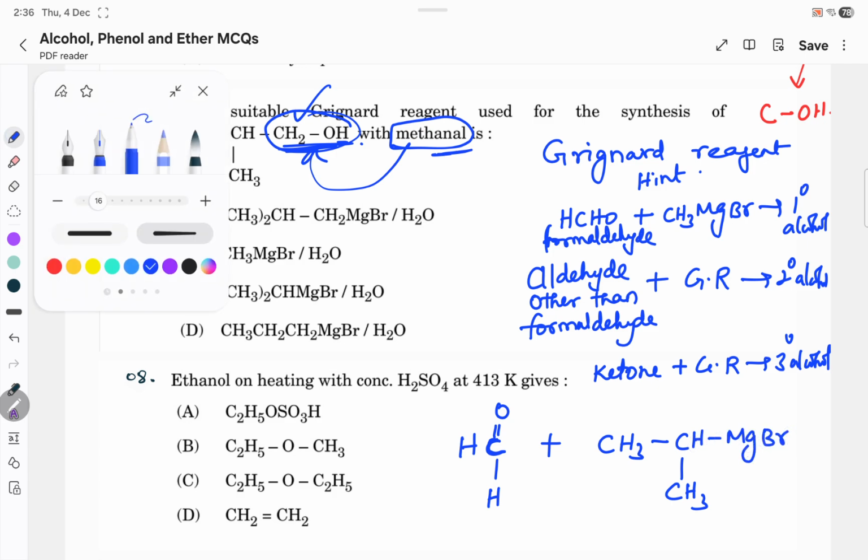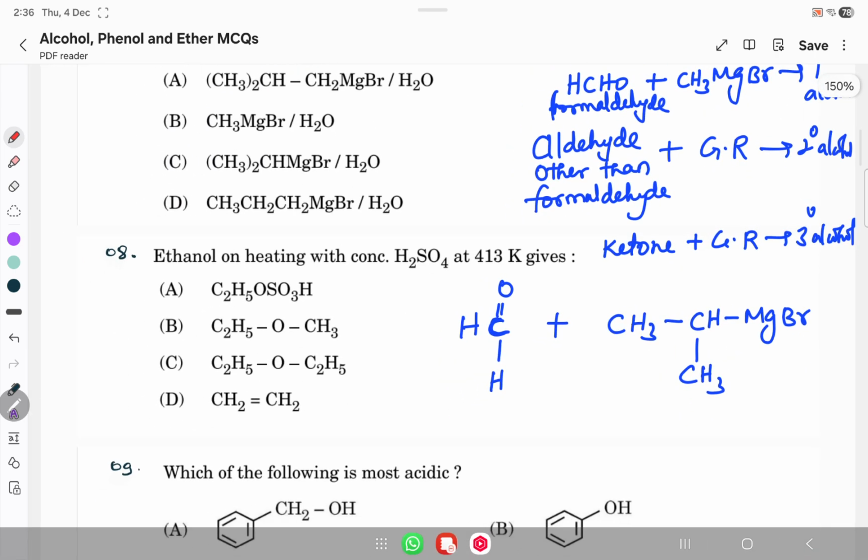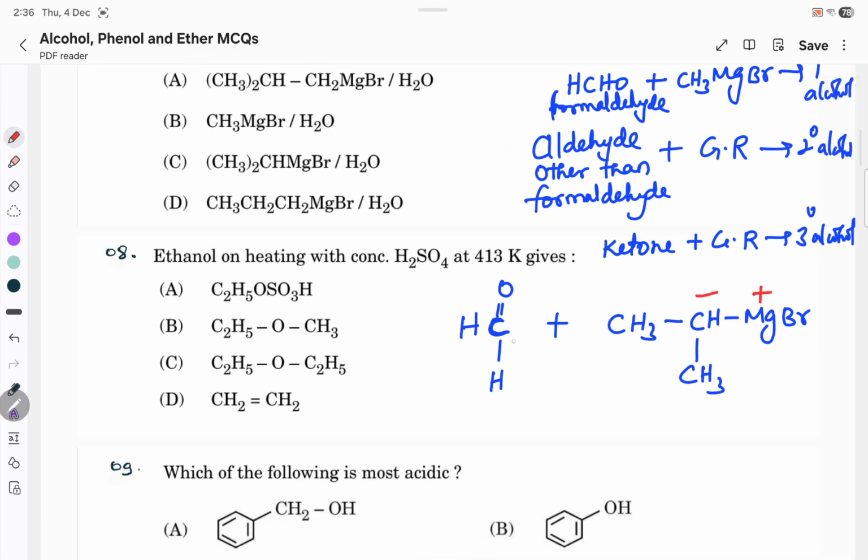Okay, now what will happen? You have to split the molecules into positive and negative. This is the clue. The negative will go to positive, positive will go to negative. So the reaction goes like this.